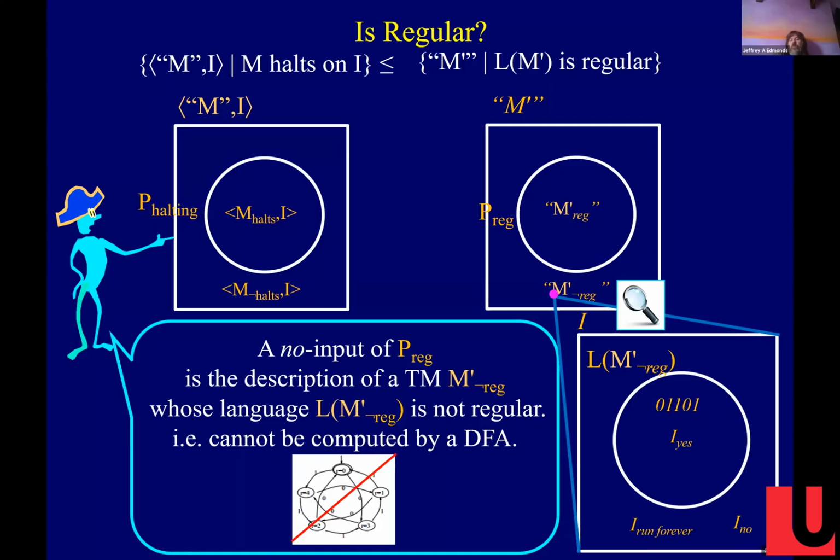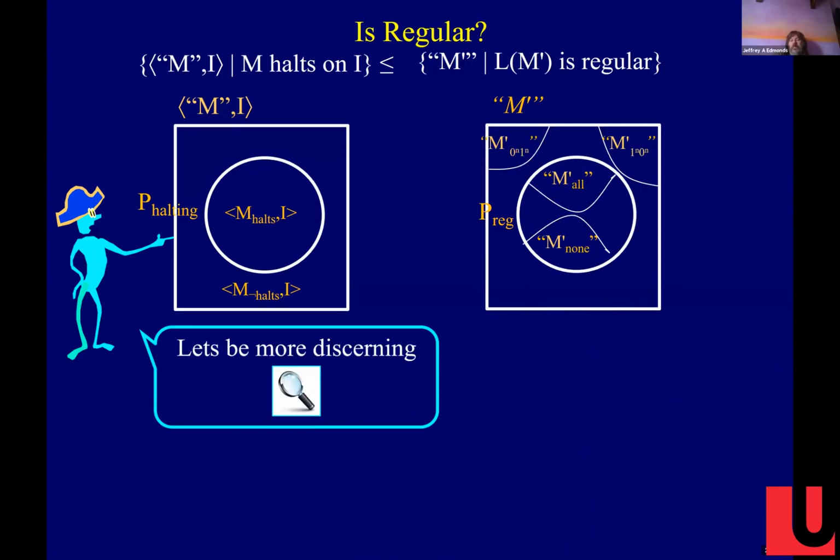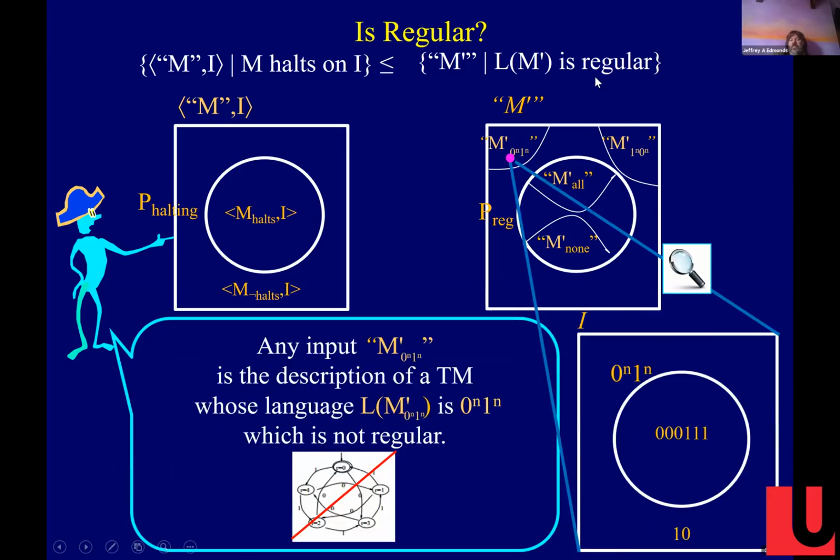But we want to be more interesting. I'm going to split up the world into more types of Turing machines, more discerning. Let's first talk about Turing machines up here.